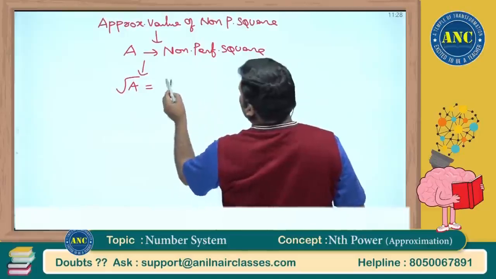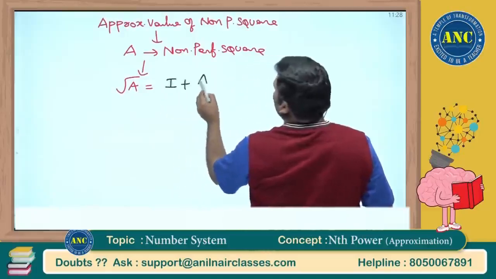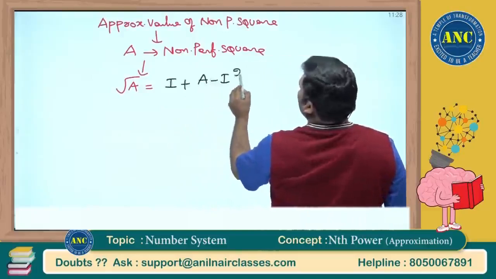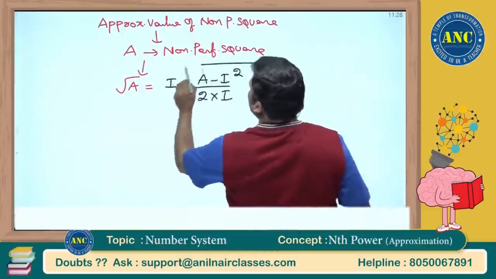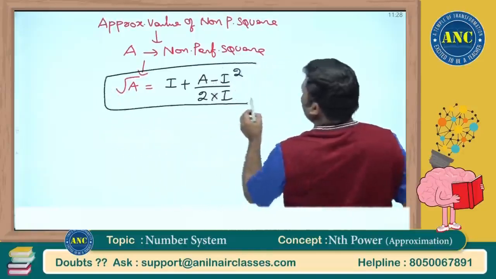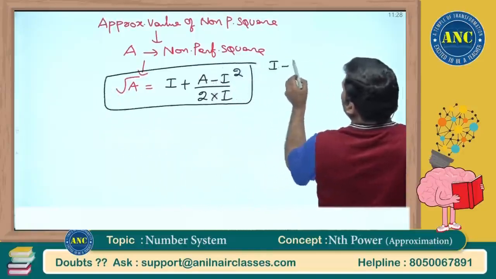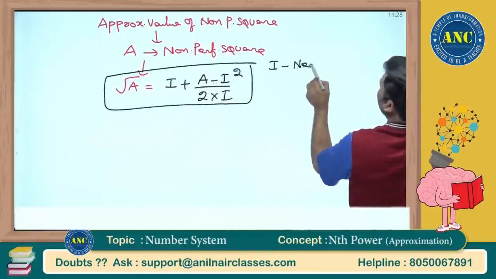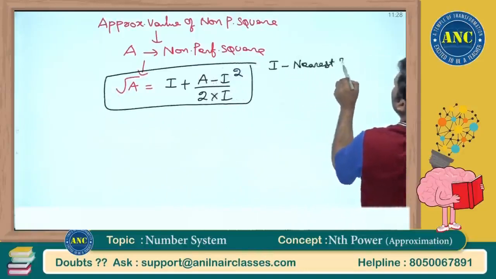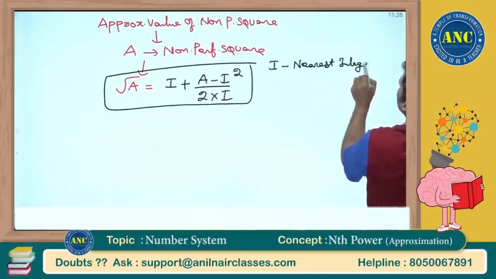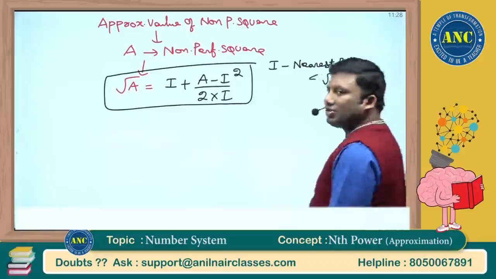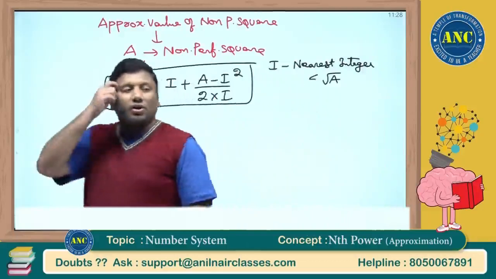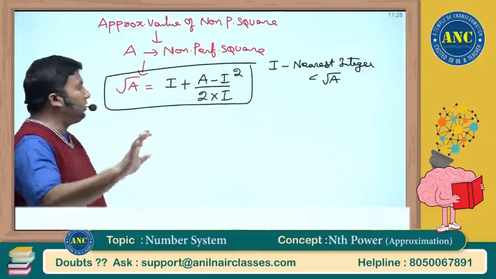The answer is nothing but I plus A minus I square divided by 2 into I, where I is the nearest integer just less than root of A. I hope the concept is clear.